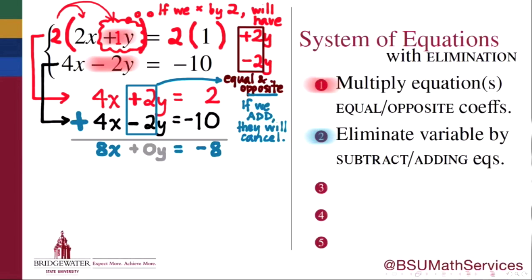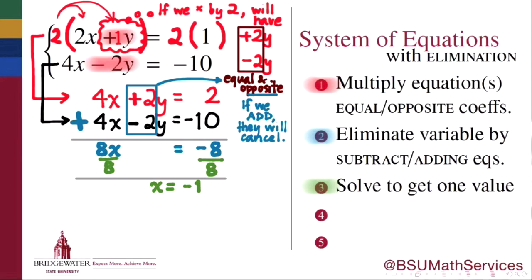Thankfully, and this was the whole point, the coefficient of y being 0 in this new equation allows us to remove that term completely and gives us an equation only involving x, which we can then solve simply by dividing by 8 on both sides. So now we've discovered a value for the variable x by adding the two equations together in a way that eliminates y, and then solving the result.